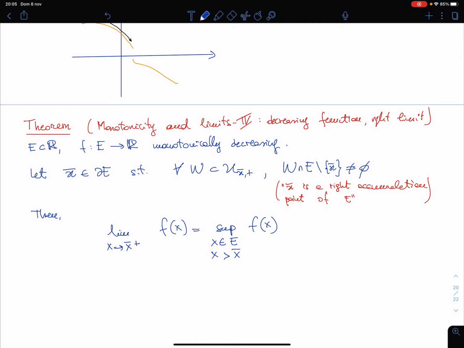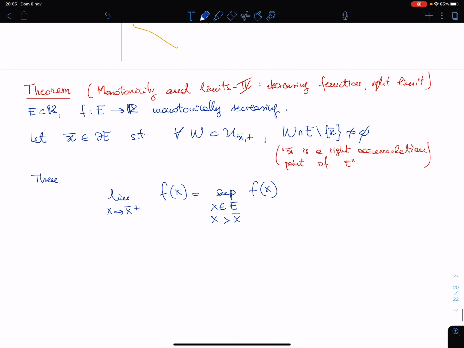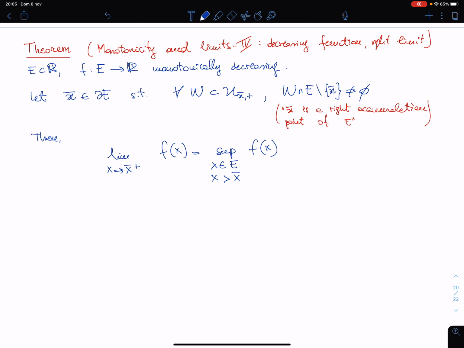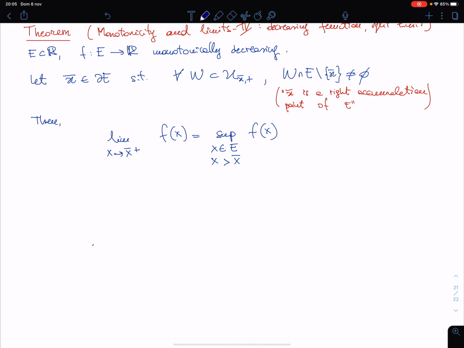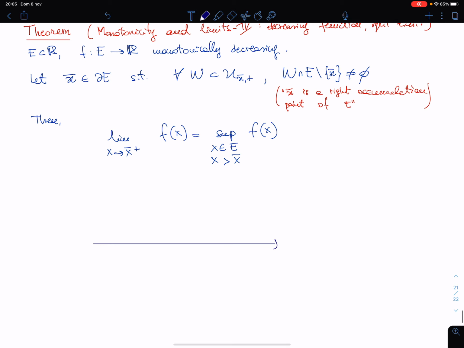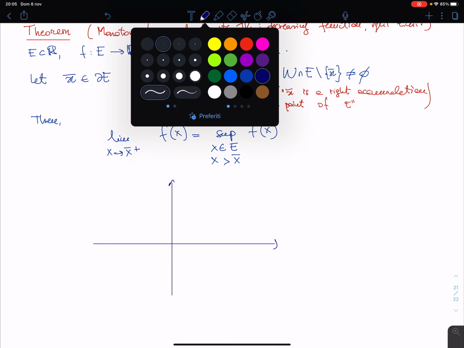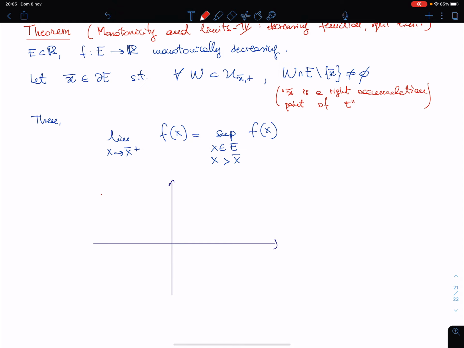So let me check by a picture as usual what is the result, whether it will be the infimum or the supremum to occur as a limit. So picture can help us. Again, decreasing function is like that. It's not very interesting to write down functions with discontinuity or jumps at x bar.